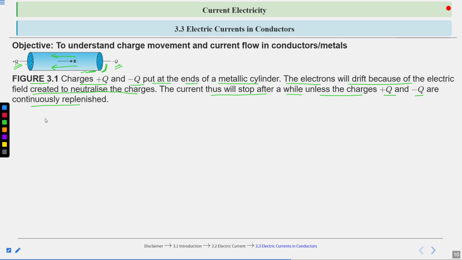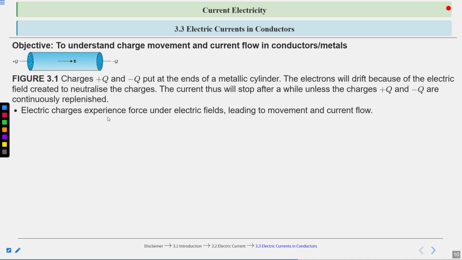Otherwise, the charges vanish completely, the electric field vanishes, and hence the potential difference becomes 0, so current will stop flowing. We will come to that diagram in our upcoming slides.